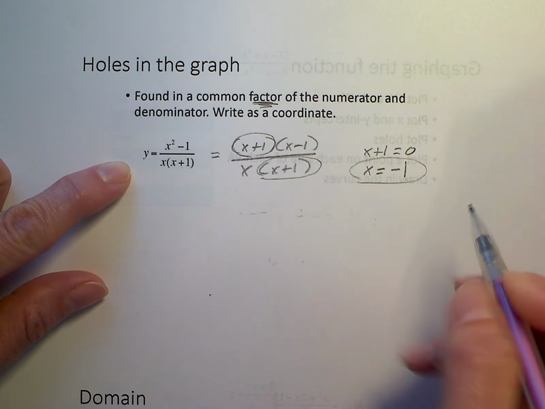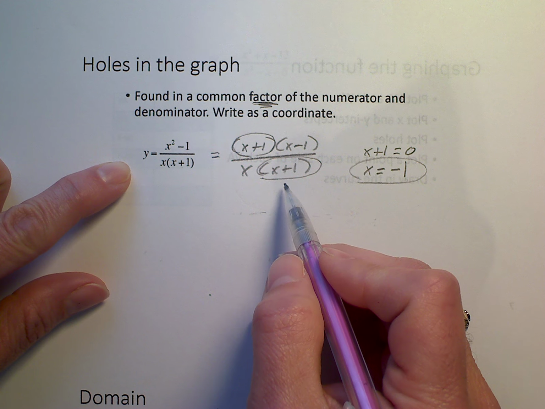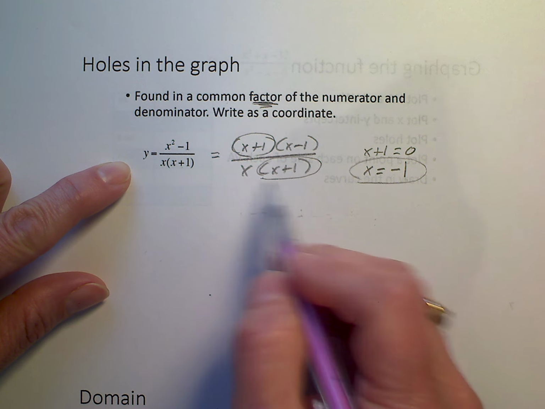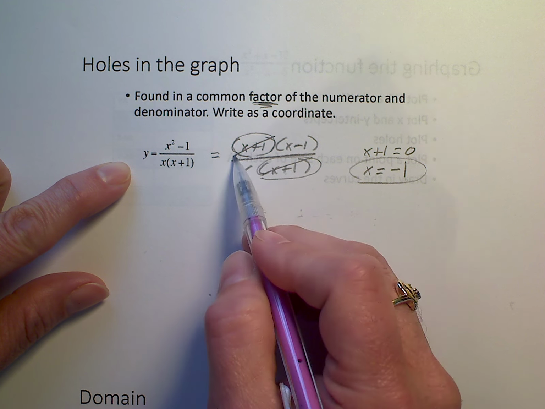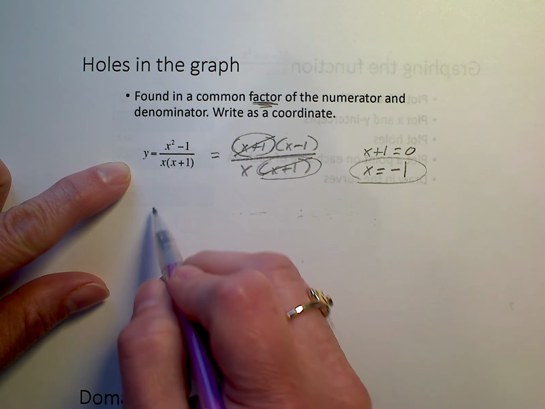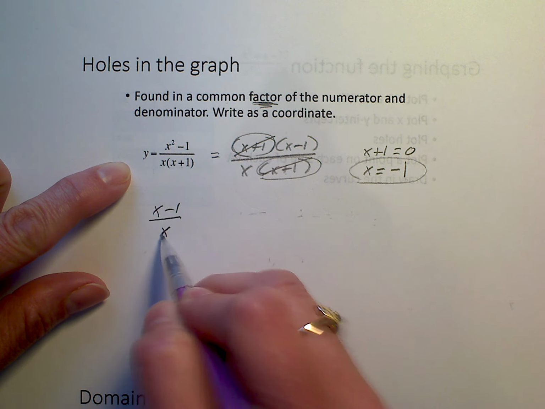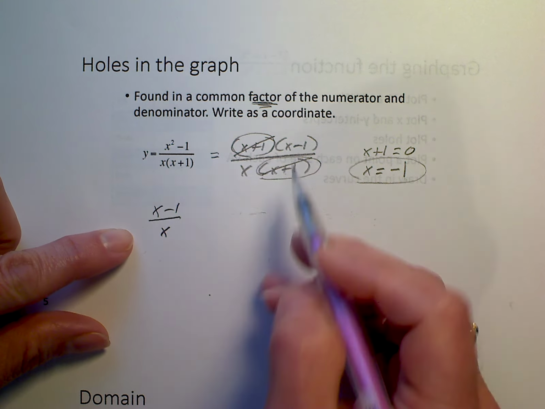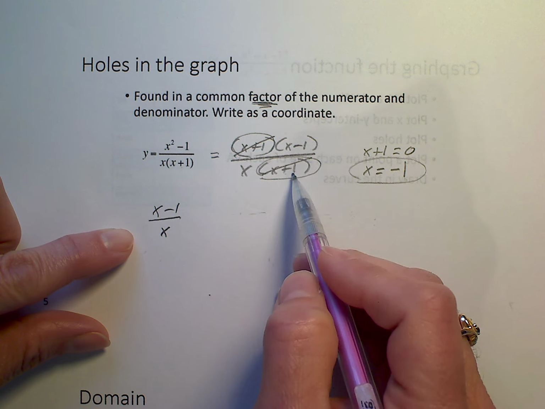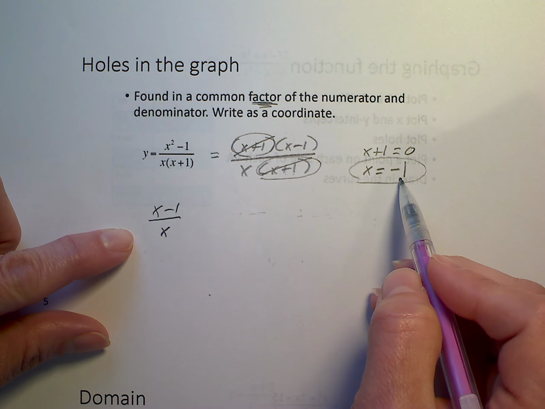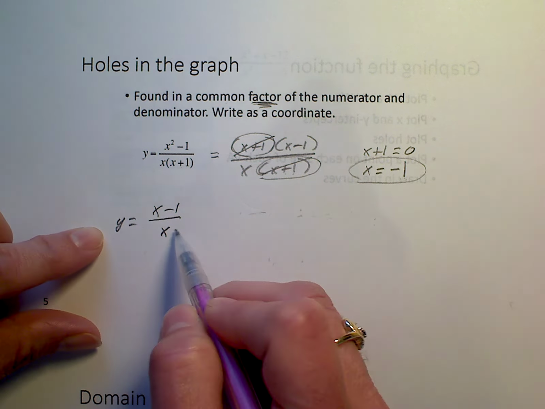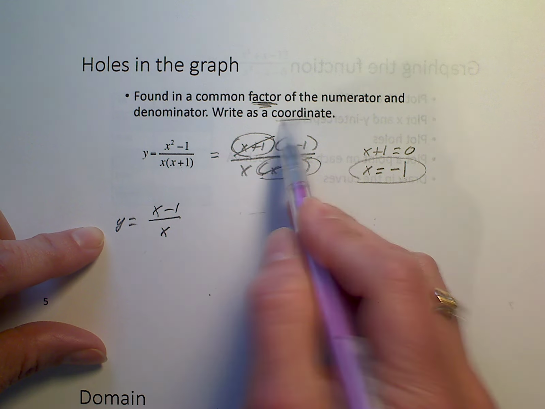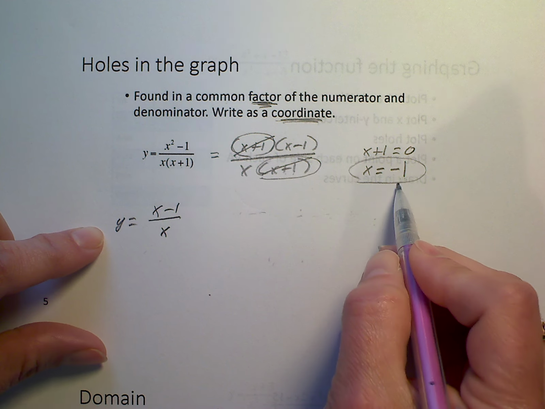Okay? Now, the first thing we're going to do every time we graph one of these is we're going to factor the top and bottom, take that common factor, and cancel him out of there. So my new function is really x minus 1 over x. These guys are no good to us anymore. Cancel them out, save the -1 for the hole, and this is my new function. I need coordinates where I'm going to plot this point.